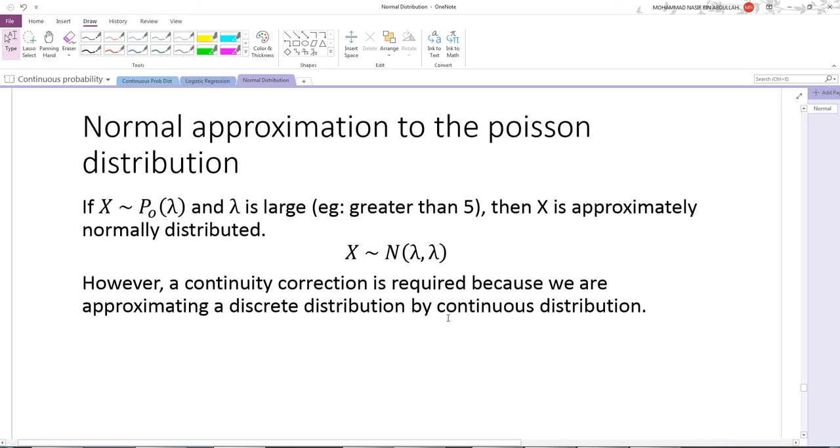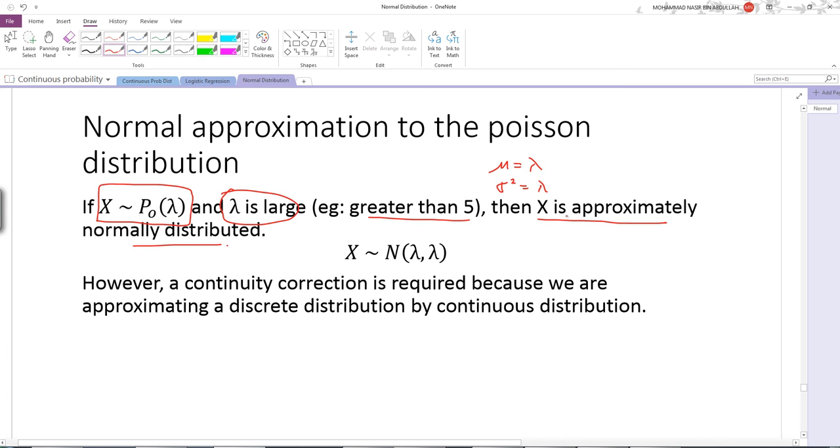We want to approximate the probability problem to normal distribution. So if X is having a Poisson distribution and lambda is large or greater than 5, then X is approximately normal distributed. So we understand in the characteristic of Poisson distribution, mean is equal to lambda and variance is also equal to lambda.